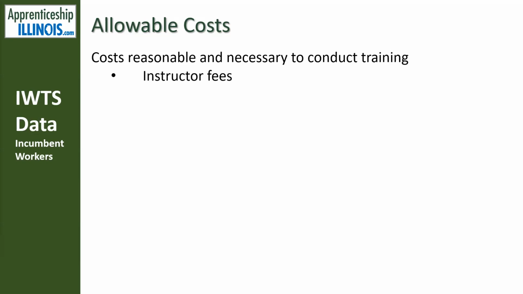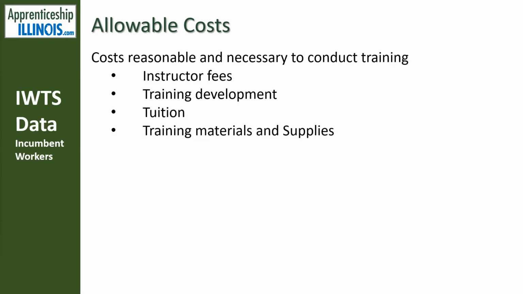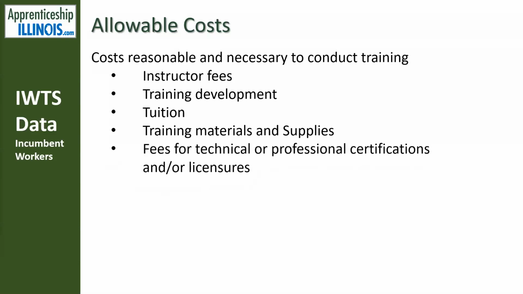Okay, so what kind of costs are allowable, okay? And the policy letter that I referred to earlier goes into more detail on these items, but in general, here's what you can do, okay?